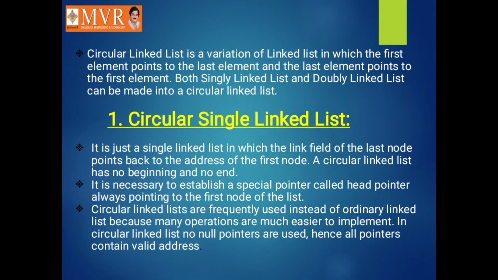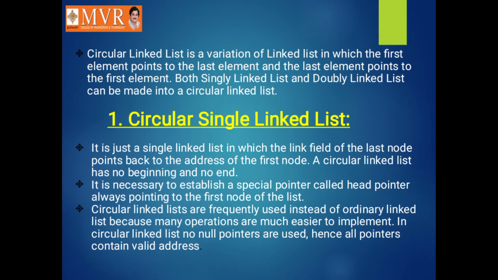Circular linked lists are frequently used instead of ordinary linked lists because many operations are much easier to implement in a circular linked list. No null pointers are used. Hence all pointers contain a valid address.